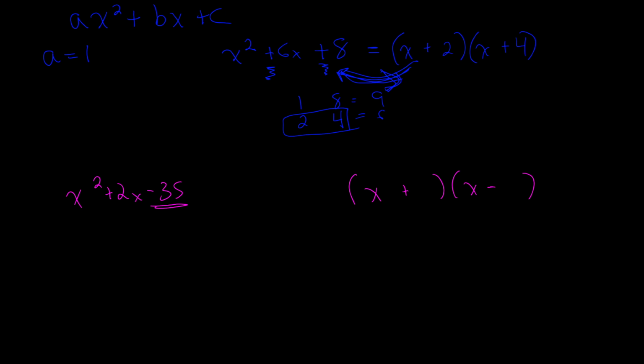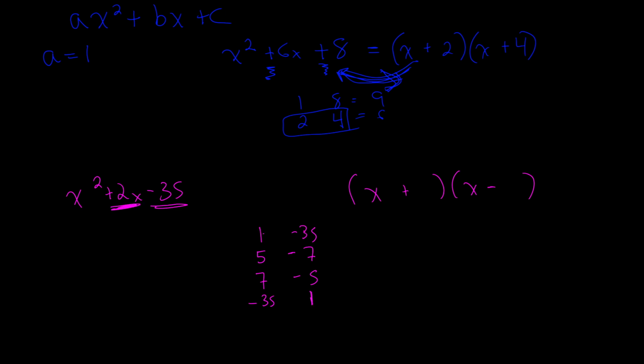And I can keep track of the negative factors here. So what can I do? I get 1 times negative 35. I get 5 times negative 7. I get 7 times negative 5. And I get negative 35 times 1. And so I need the ones that add up to 2.